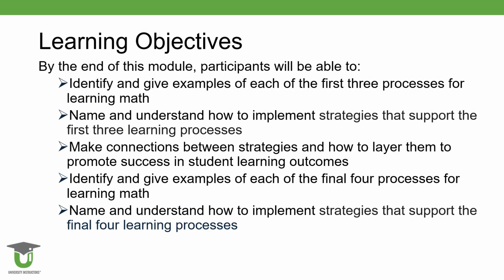Make connections between strategies and how to layer them to promote success and student learning outcomes. Identify and give examples of each of the final 4 processes for learning math. Name and understand how to implement strategies that support the final 4 learning processes.